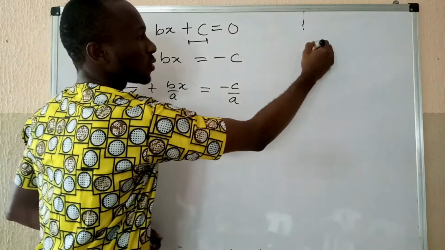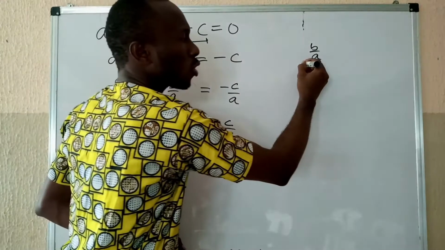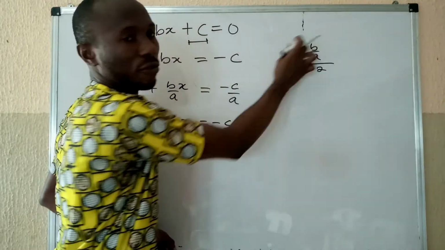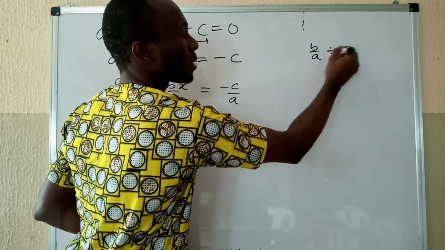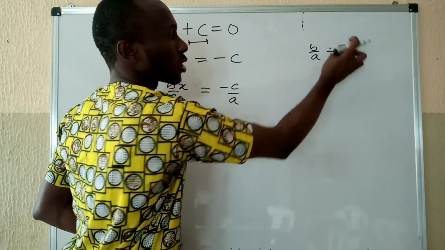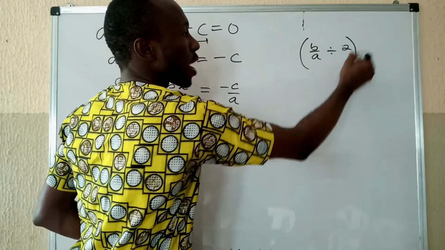So we pick out the coefficient of x, which is b over a, and divide by 2. But I'm not going to use this division sign because I already have a fraction here. So I'm going to write it as b over a divided by 2, and then we square it.